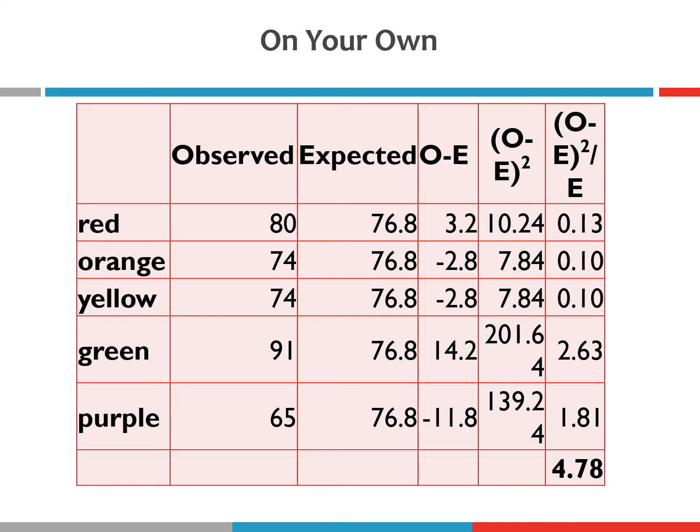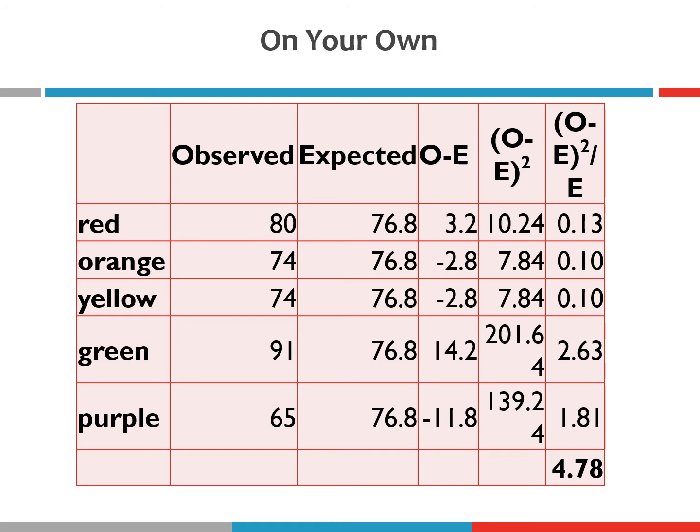Okay. All right, so now we're going to make a table very similar to the table that we made for the ice cream example. The first two columns, we already have that information. The observed frequencies we have in our first picture of all the Skittles: 80 red Skittles, 74 orange, 74 yellow, 91 green, and 65 purple.